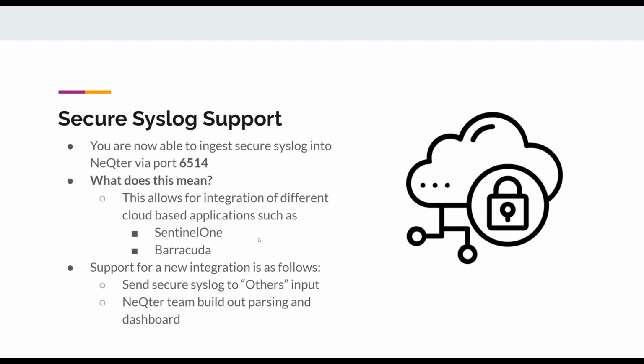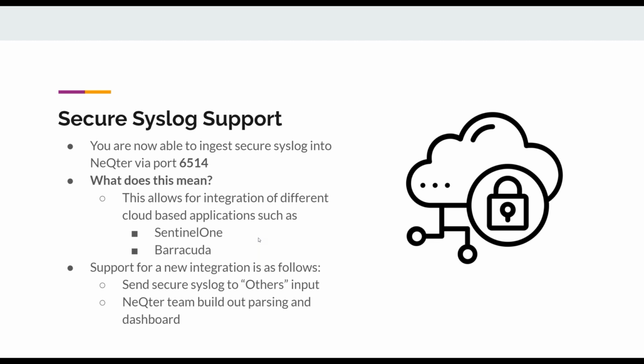So if there's certain integrations that you want to see, much like everything else, the process of allowing NeQter to get that supported is send those logs into an others input so that we have log content, log data, and then share those parsed logs with us. We'll parse them even more, make them specific to the integration, and then we can come out with a new supported app or software or what have you.